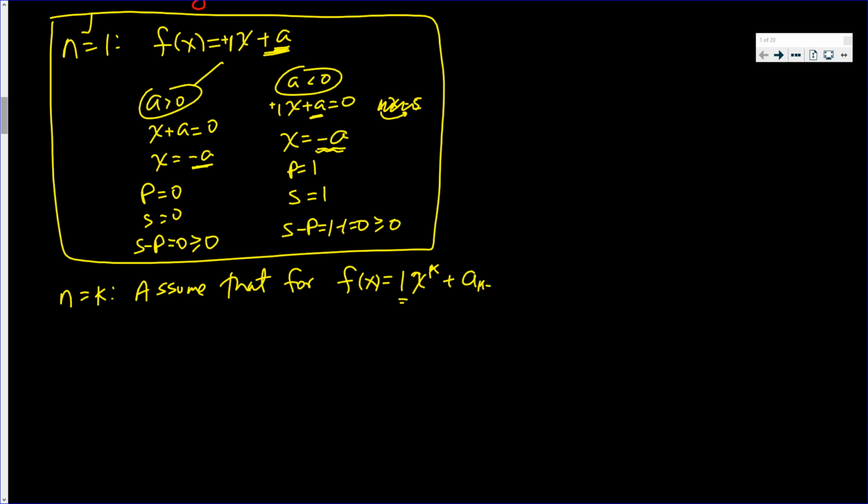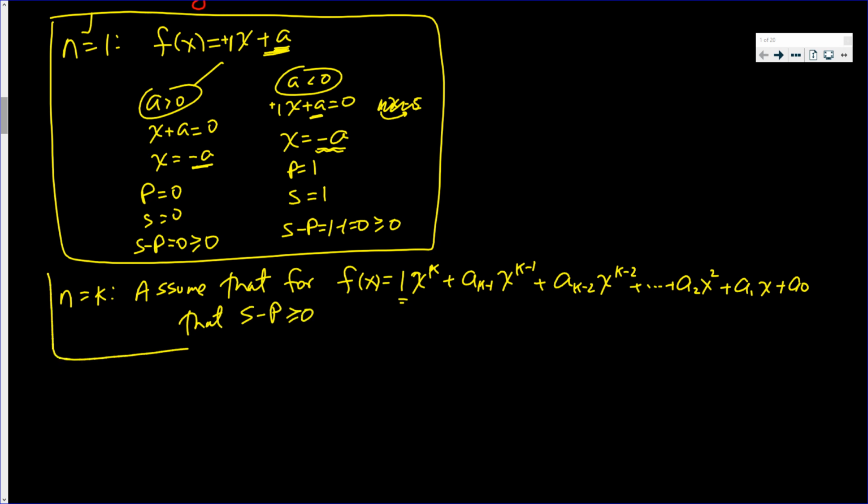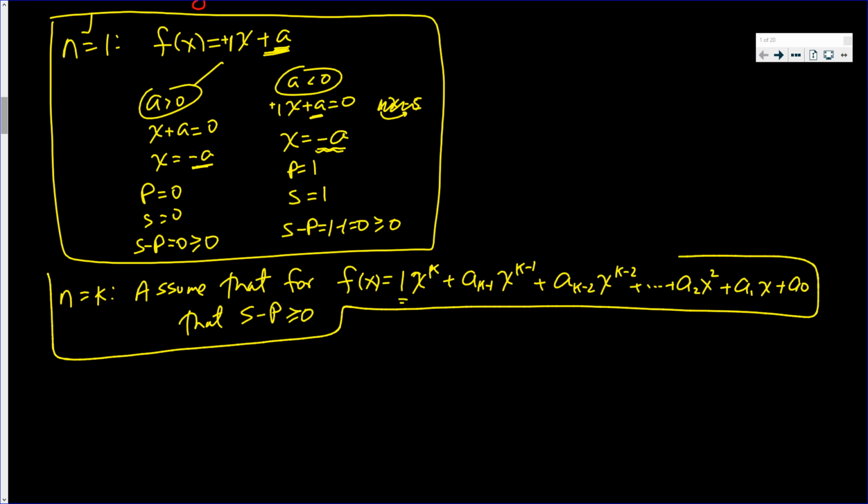Plus a sub k minus 1, x to the k minus 1, plus a sub k minus 2, x to the k minus 2, all the way down to a sub 2 x squared, plus a sub 1 x, plus a sub 0. Assume for that polynomial that S minus P is at least 0. This is our assumption. Maybe we'll use it, maybe we won't use it.